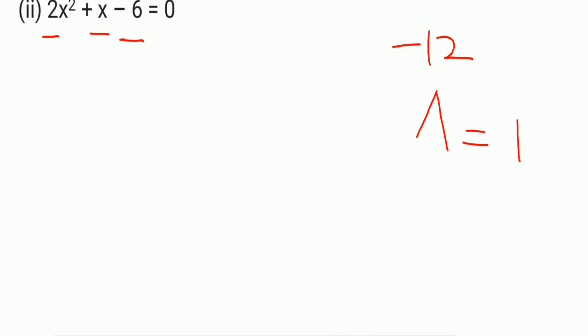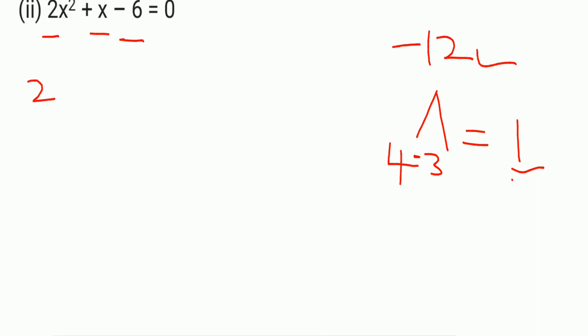So we have to choose two numbers whose product is minus 12 and whose sum is 1. So here if I write down 4 3s are 12. But 4 and 3 I should get 1 as the addition. So I'll write down 4 minus 3. So 4 minus 3 comes as plus 1 and 4 into minus 3 comes as minus 12. So these two numbers are the perfect one.